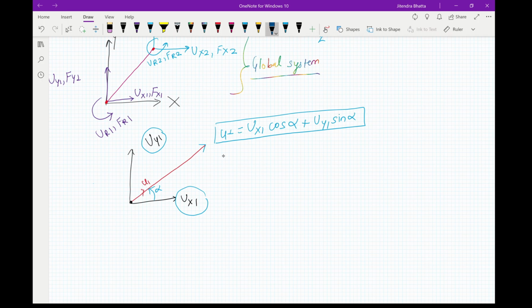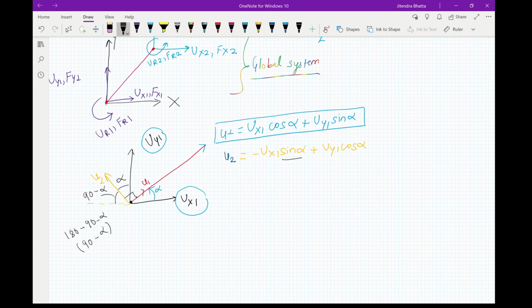Similarly, your u2, this direction here, will be equal to, this angle here will be 90 minus alpha, therefore this angle is alpha, therefore you'll get Ux1 cos of 90 minus alpha, which will be sine alpha.